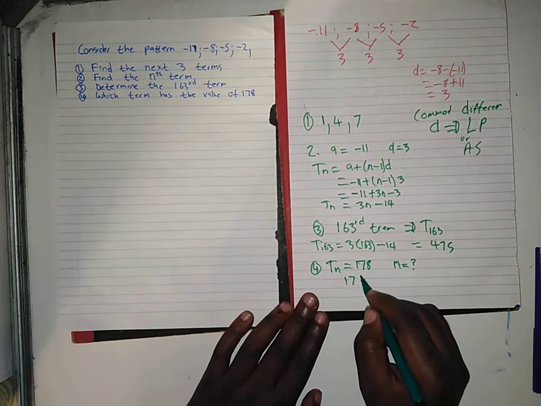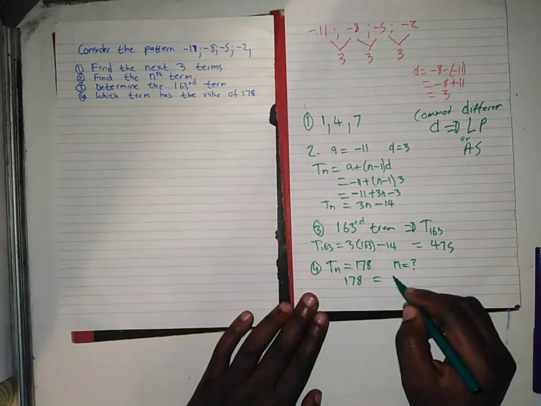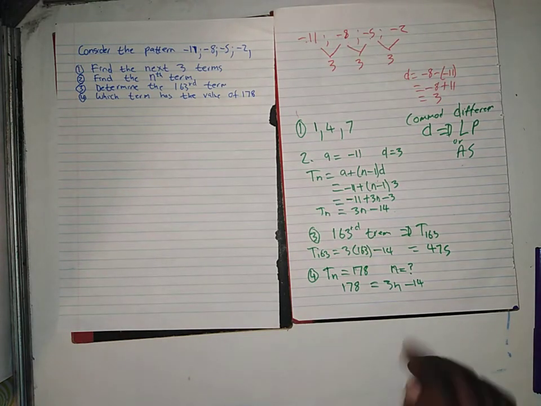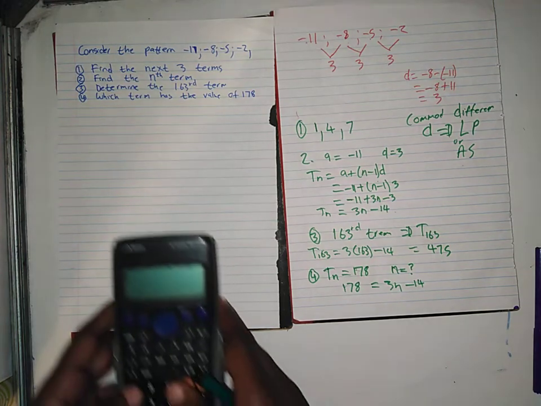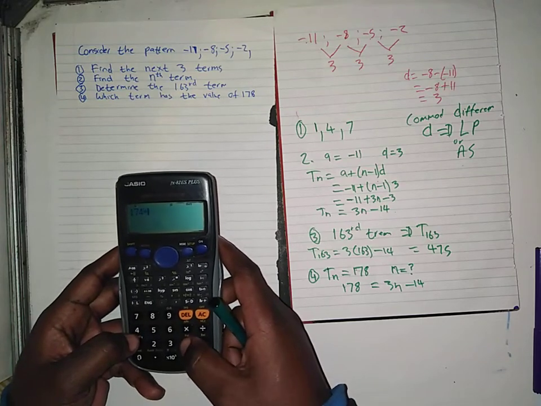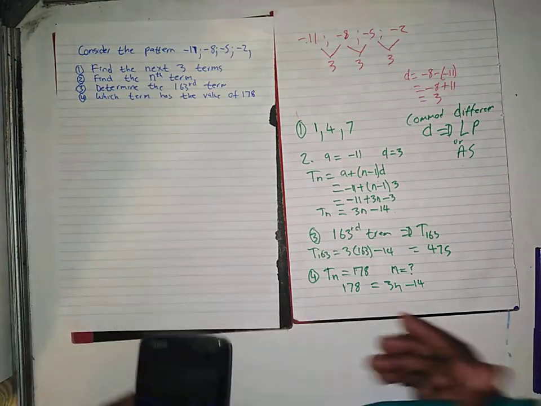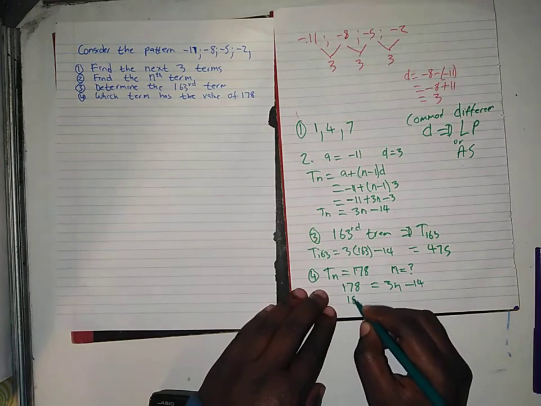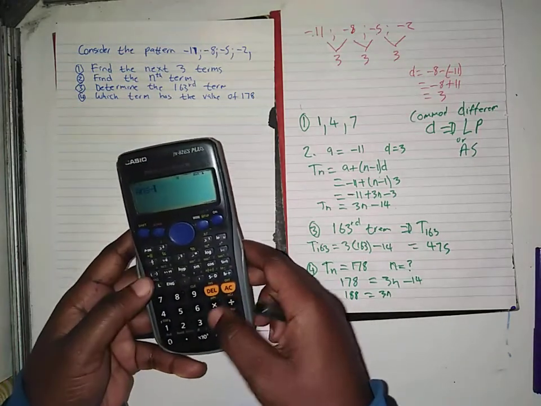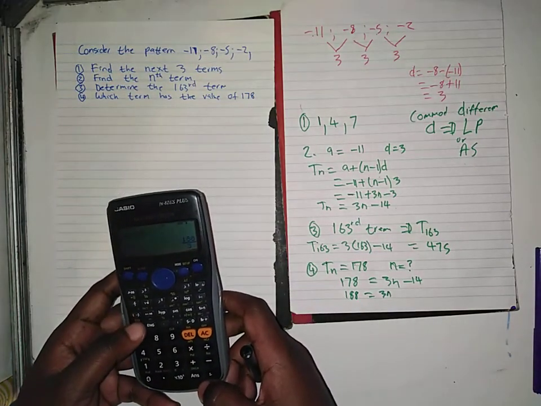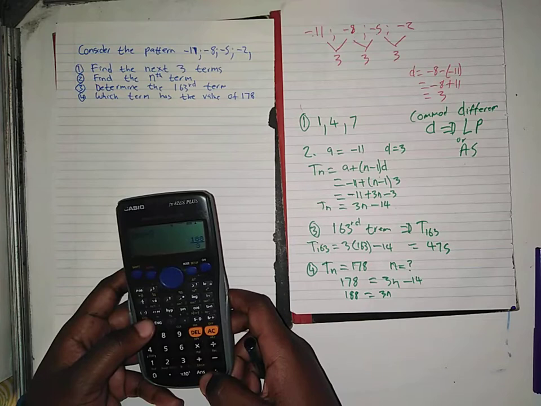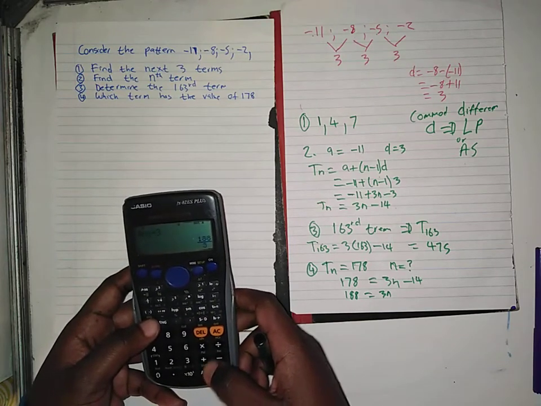We say 178 is equal to 3n minus 14, and then we take this to this side again, so 178 plus 14. Let me put it in the calculator now, so that I won't do what I did earlier. Let's check this one very well.